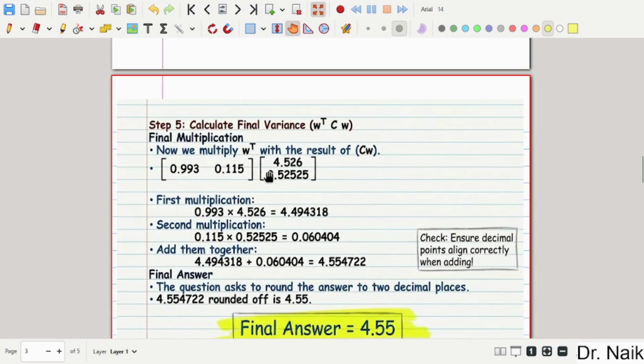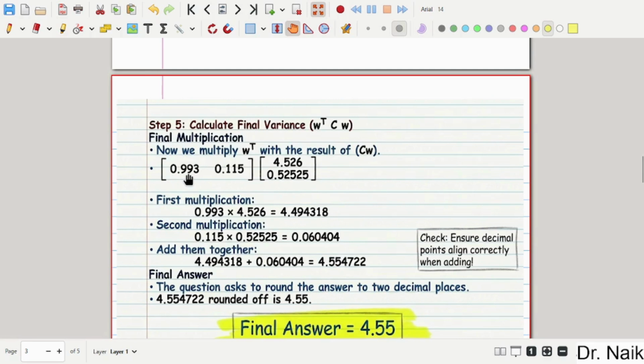Now multiply W transpose with the result of CW. W transpose is a row vector with entries 0.993 and 0.115. Multiply these with our result of CW, which is a column vector with first entry 4.526 and second entry 0.52525.